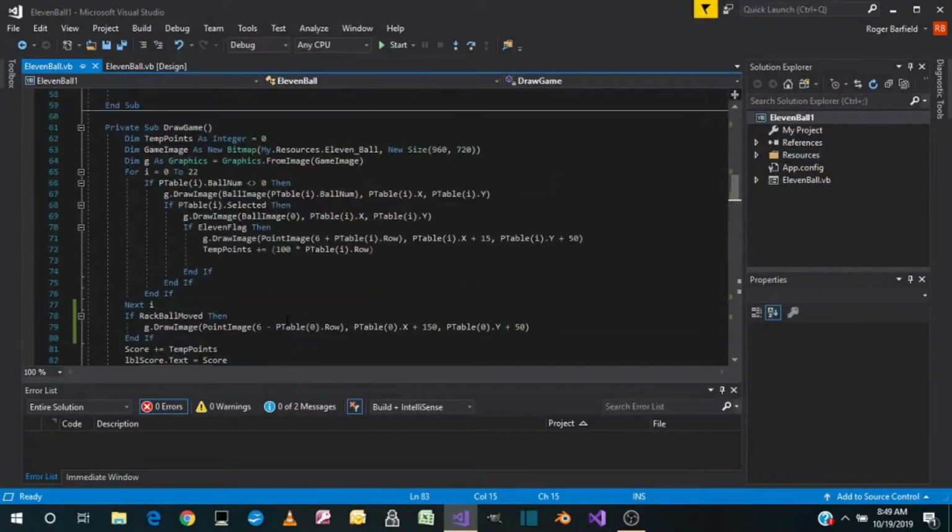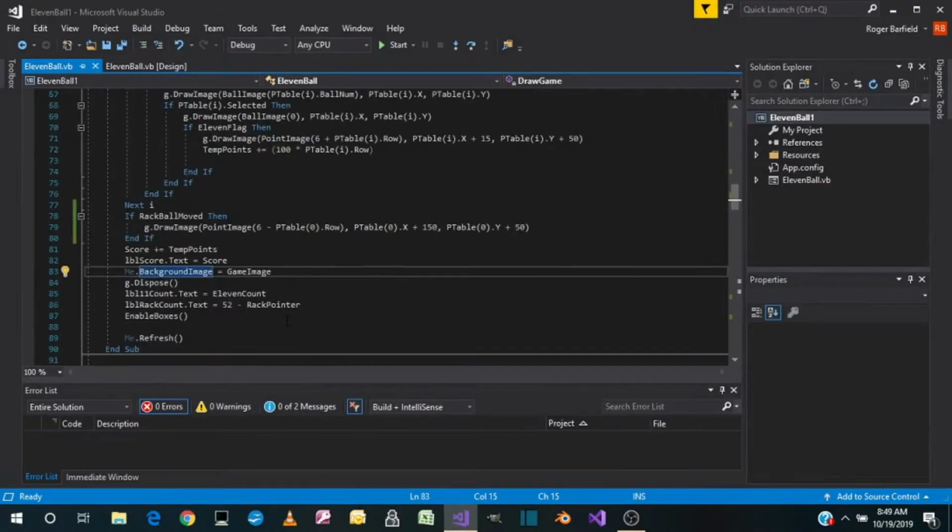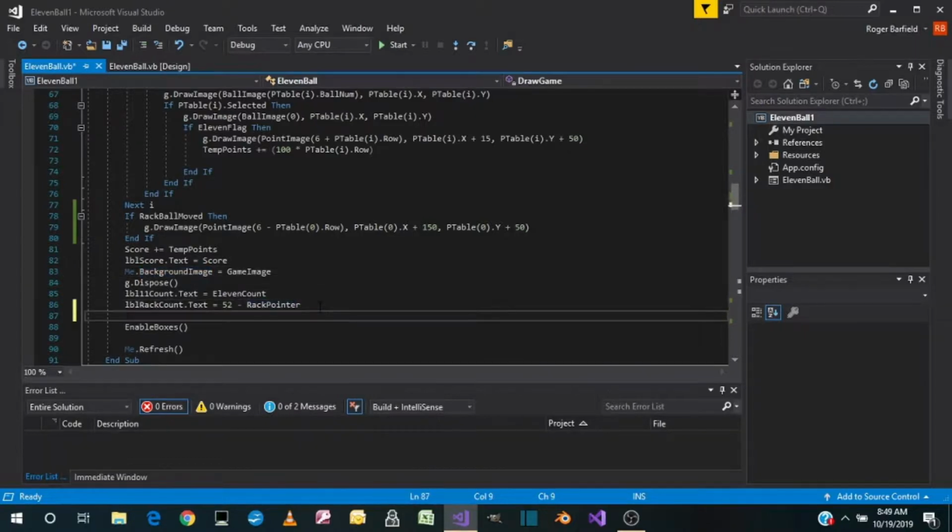So what we need to do on the draw image, we need to go ahead and disable our flag. And let's see, after we draw the image, let's just do it right here.